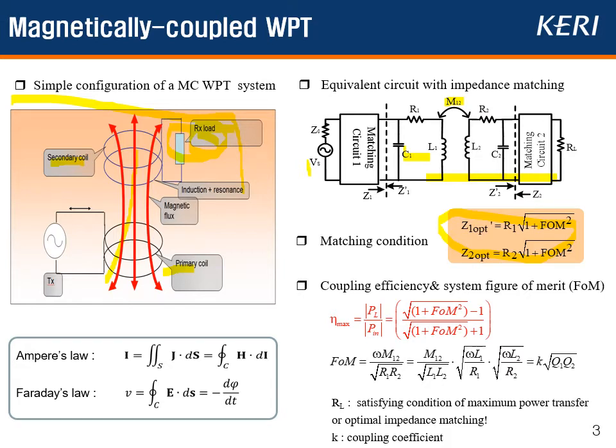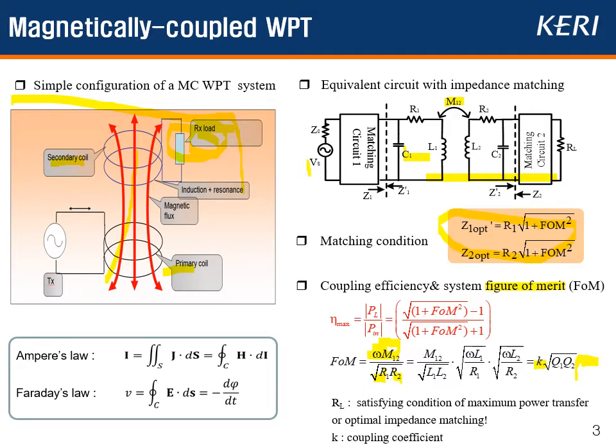Here, FOM means system figure of merit. This is defined as the coupling coefficient kappa and quality factor of Rx and Tx coils as follows. FOM will also be a function of frequency and mutual inductance and also AC resistance of Tx and Rx coils.